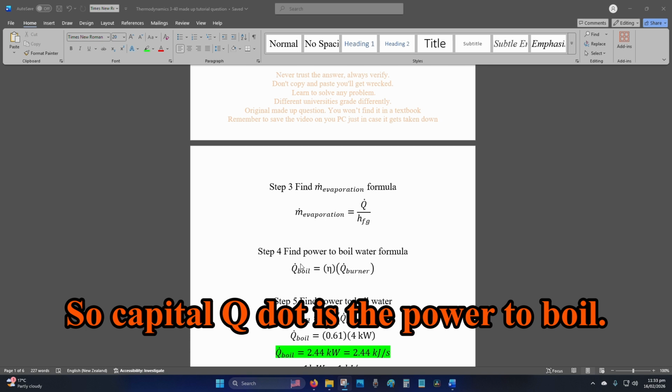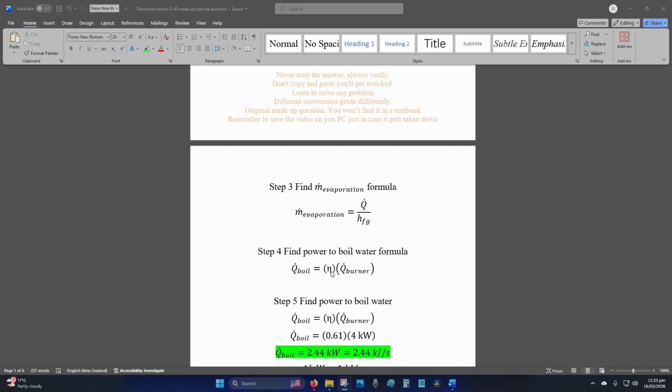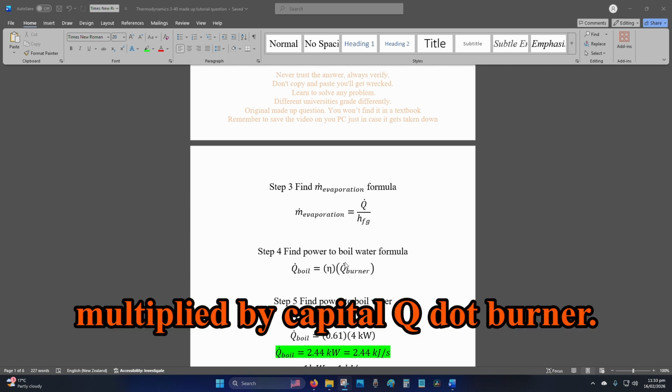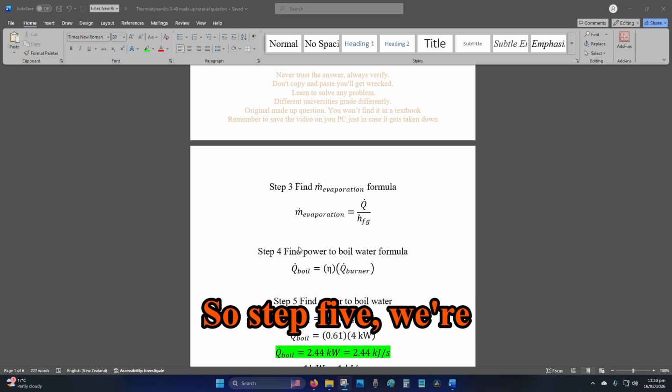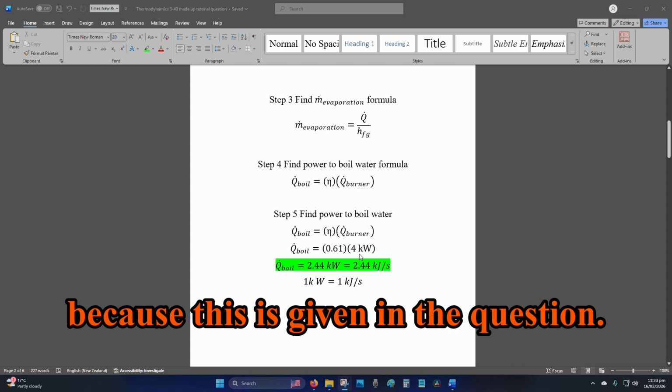So capital Q dot is the power to boil. So that is the efficiency, eta, which is the Greek symbol, multiplied by capital Q dot burner. So step 5, we're just going to plug and play because this is given in the question.